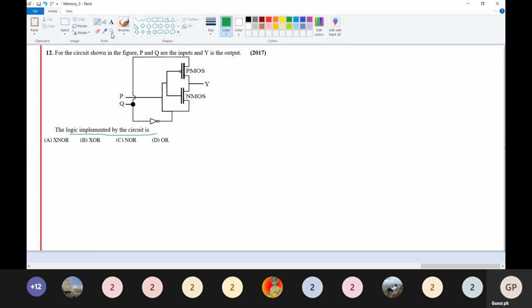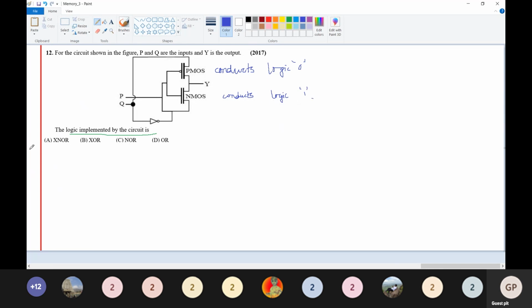You know that PMOS conducts at logic 0 and NMOS conducts at logic 1.